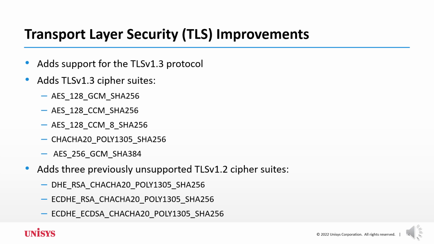Administrators can use the protocols desired field on the SSL TLS security configuration statement to select exactly which protocols are right for their needs. This feature includes the addition of 5 new TLS version 1.3 only cipher suites and 3 additional TLS version 1.2 only cipher suites to the already allowed TLS version 1.2 cipher suites.